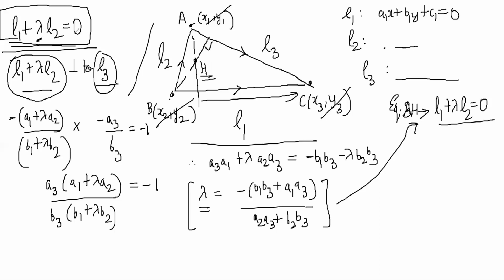Then you get this equation and you get the value of lambda directly. Once you get lambda directly, you put that in your original equation and you will get the equation of the perpendicular line, right? So this avoids that calculation of the intersection point, right? You don't need to calculate intersection points to do it.